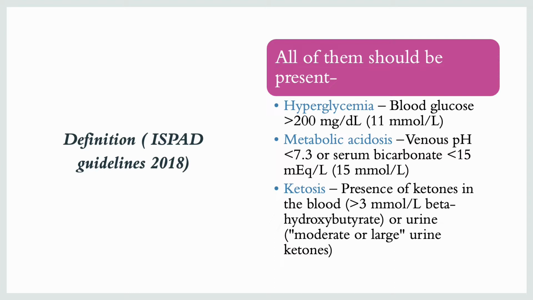The pH should be less than 7.3, or bicarbonate should be less than 15 milliequivalent per liter, and there should be presence of ketone bodies in the blood or urine. Usually assessment of blood ketones is not available in the laboratory, so we do only urinary ketone.